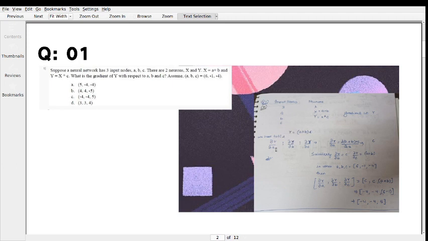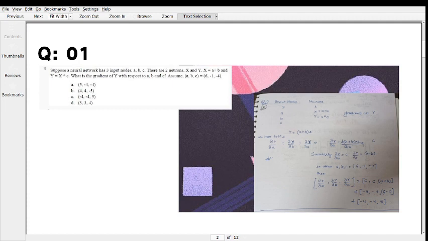This is the meaning of partial derivative. So del Y by del A we will get C, del Y by del B we will get C, and del Y by del C we will get A plus B.